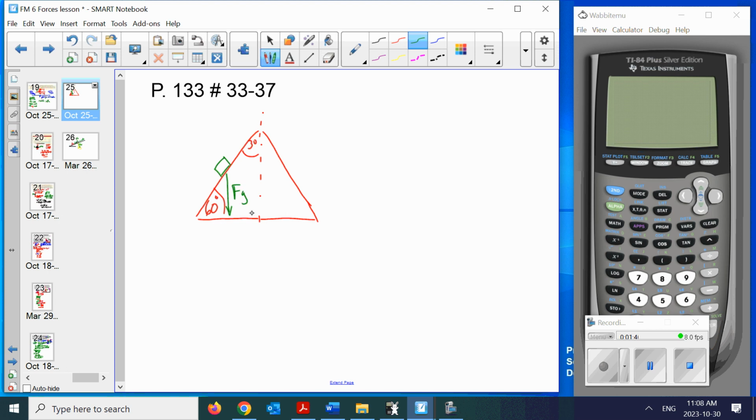Weight force, the normal force. Are there any other forces in this scenario that we're told about? It's not sliding, it's a steady speed, so acceleration is 0. Any other forces to put on this diagram?